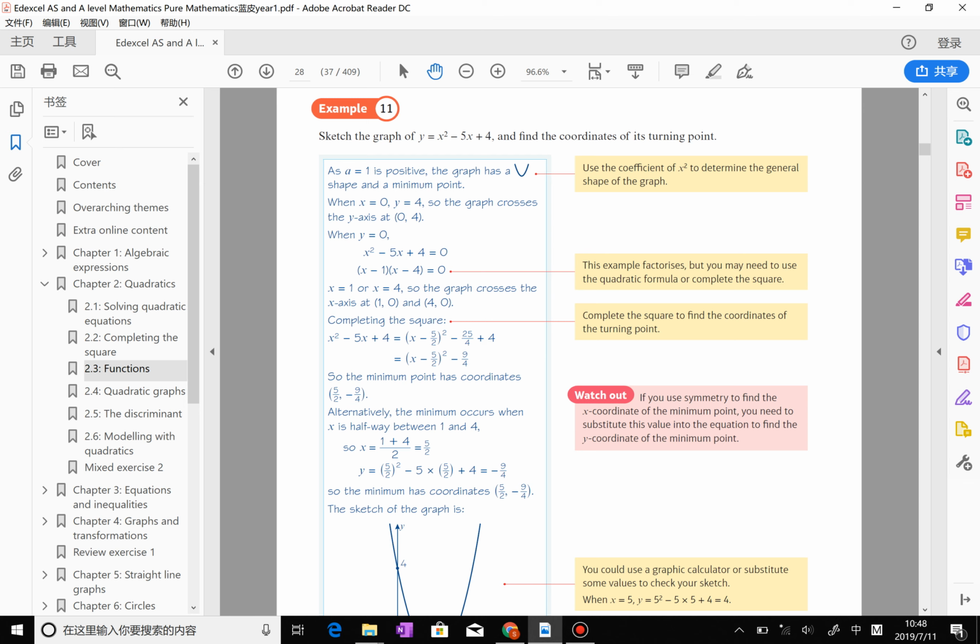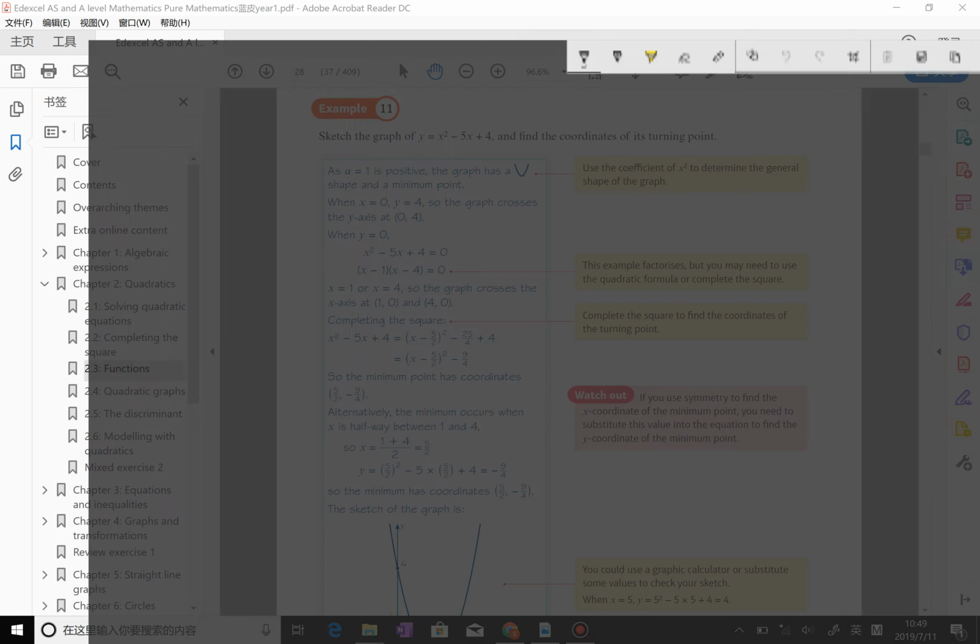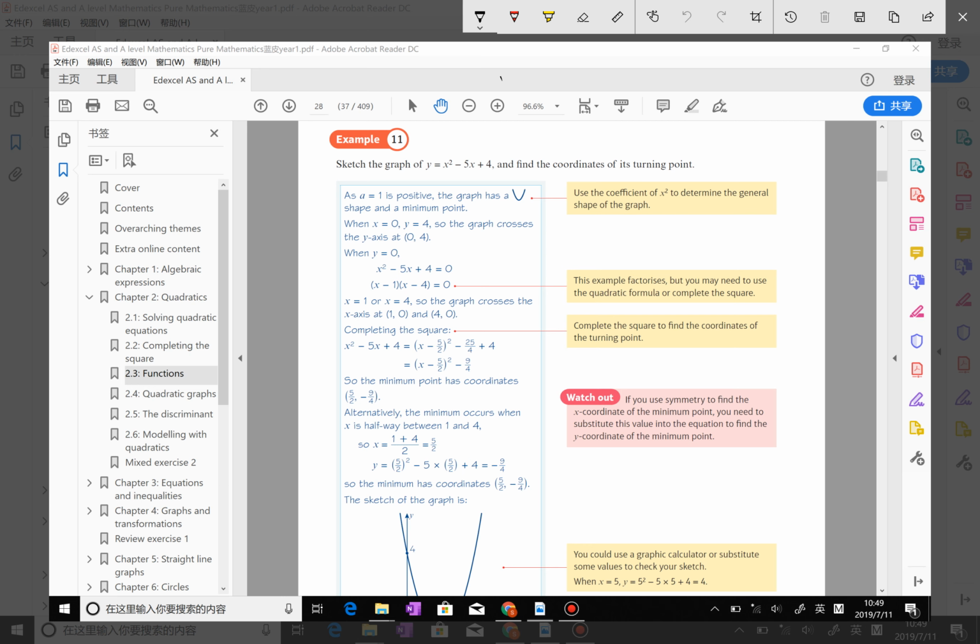So you need to sketch the graph of y equals x squared minus 5x plus 4 and find the coordinates of its turning point. So look at this graph, we will know a is greater than 0. So the shape is going to be like this. And then it's going to have a minimum value. So what is the minimum value? We can complete the square.